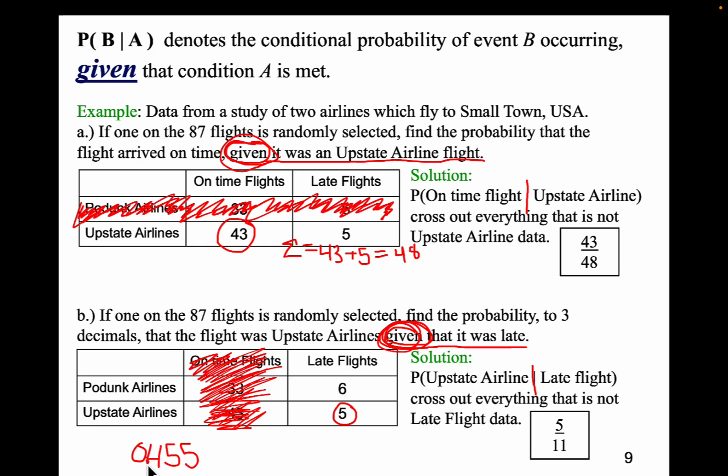That is the probability of randomly selecting one flight and it being a late flight from Upstate Airlines. Should they ask you for a percent, you can go with 46%. It just depends on how they want the answer, and this one said to 3 decimal places, so we'd go with the decimal instead of the fraction.